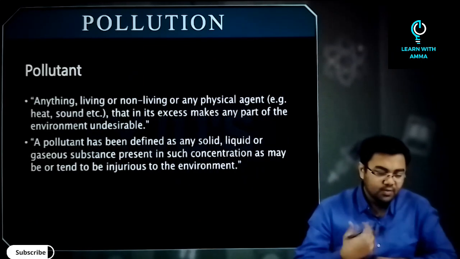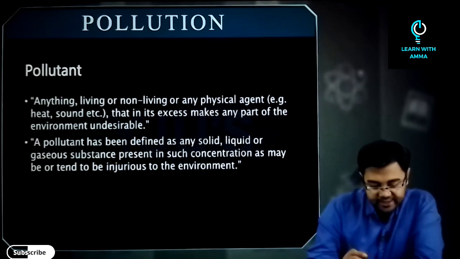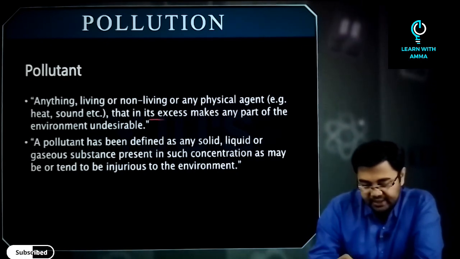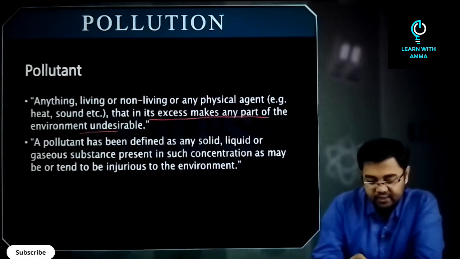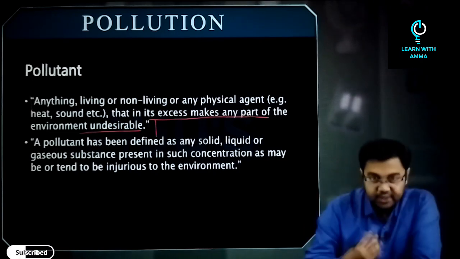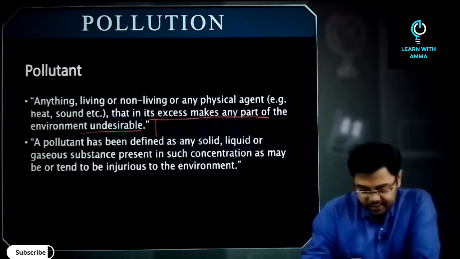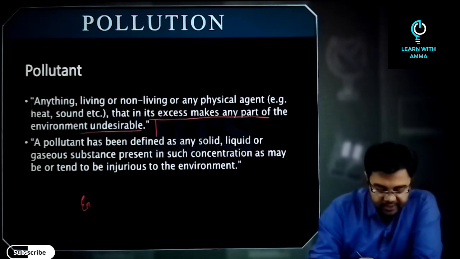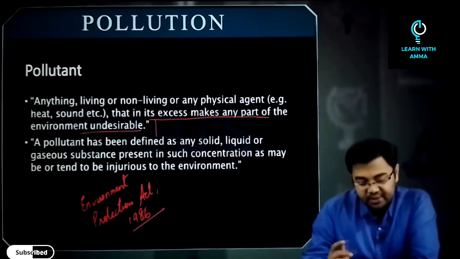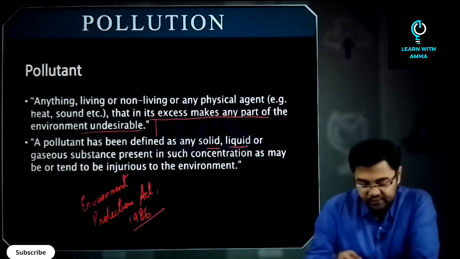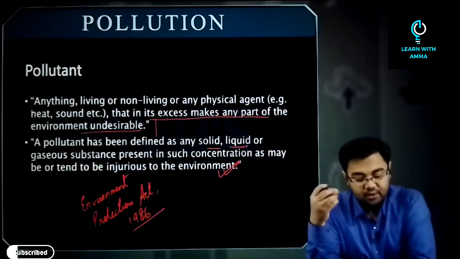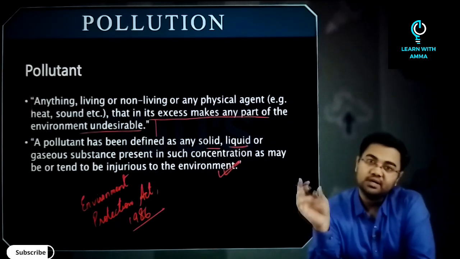Next, what do we mean by a pollutant? Anything living or non-living or a physical agent that in its excess makes any part of the environment undesirable can be called a pollutant. Another way in which we can define pollutant, this was given in the Environment Protection Act of 1986, that a pollutant has been defined as a solid, liquid, or gaseous substance present in such concentration as may be or tend to be injurious to the environment.